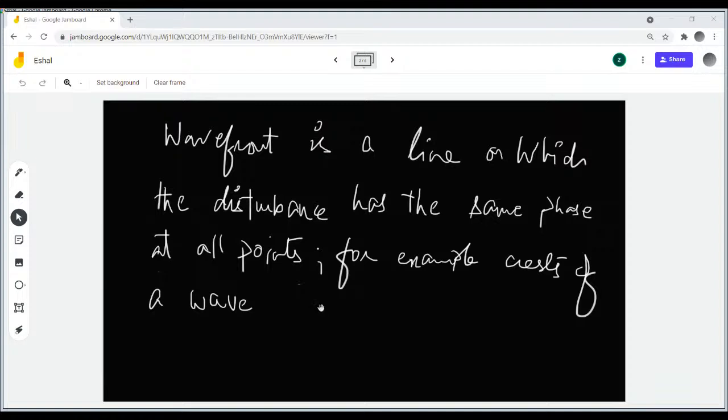Then we have got reflection, refraction, and diffraction.